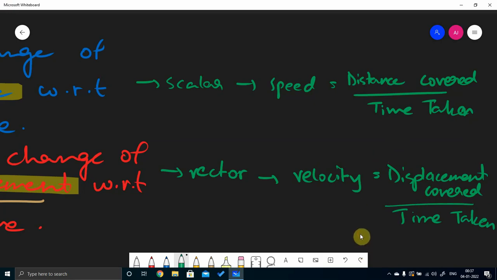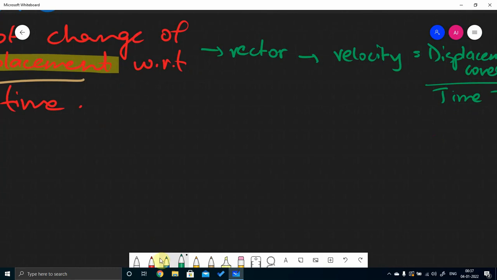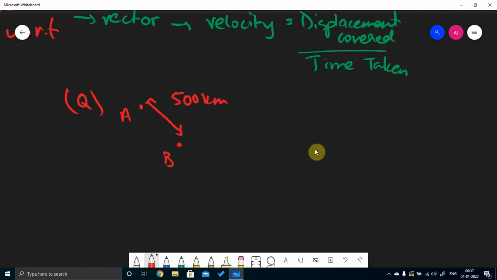If you guys want an example of how you solve a question, let me give you an example question. Let's say we have two points, point A and B. We know that the straight line joining those two is of length, let's say, 500 kilometers. Now let's say I go from point A to B, I travel a route like this and I come over here.